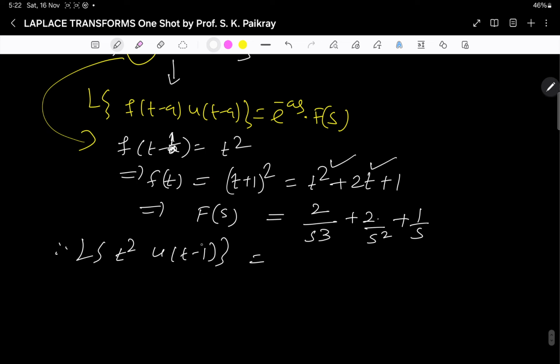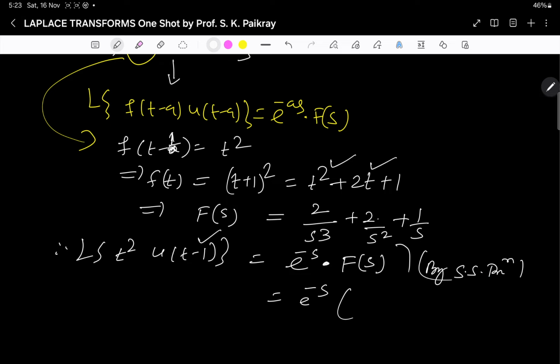Here a is 1, so e to the power minus s into F(s). So I write it here, e to the power minus s times (1 by s plus 2 by s square plus 2 by s cube). So this is my answer.